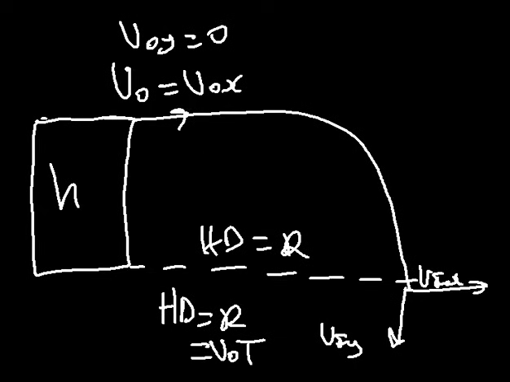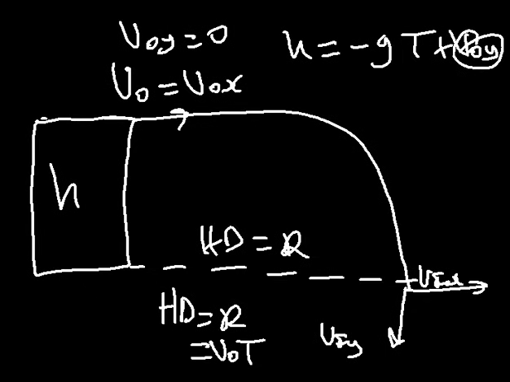How do you find the total time for the whole journey as the object moves from here to here? The height of the building is minus g times total time, plus the initial velocity along y, which is v naught y, which is basically 0. Therefore the height of the building is equal to negative g times total time.